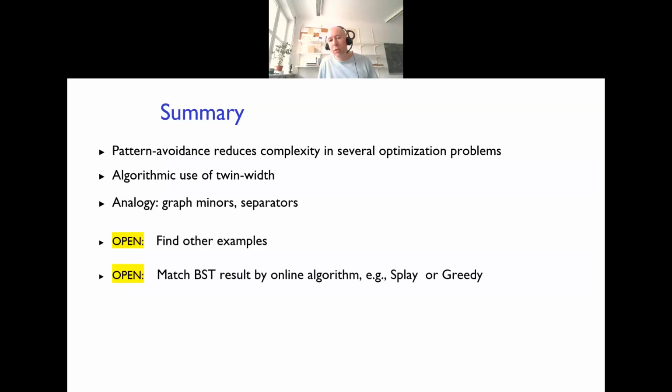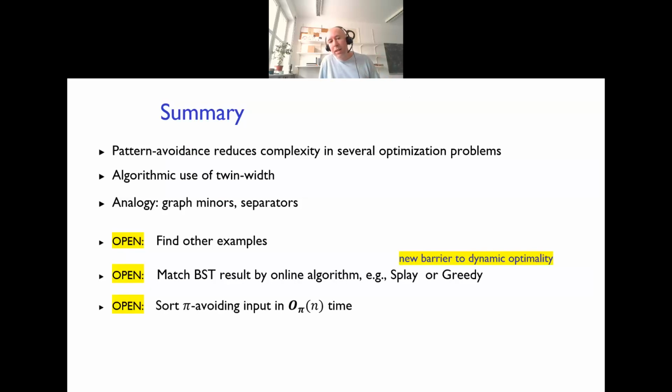For our binary search tree result, an open question is to match the result. Recall that our result was for offline cost, so it would be nice to match this by an online algorithm such as Splay or the so-called greedy binary search tree. And this is a new barrier to dynamic optimality, because if there is a constant competitive online algorithm, then now we know that it has to have this pattern avoiding property, so it has to match the optimum.